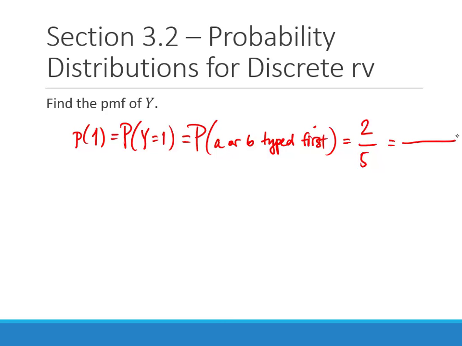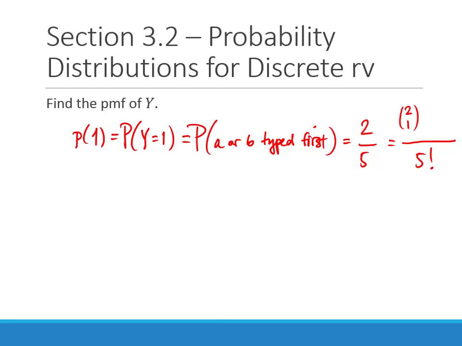We could also sort of calculate this as usual. If we want the probability of something, we need to count the number of ways that can happen and divide by the total number of things in our sample space. So we have 5 factorial outcomes in our sample space, right? And if I want the first letter to be either A or B, then I have 2 choices for my first letter in that sequence.